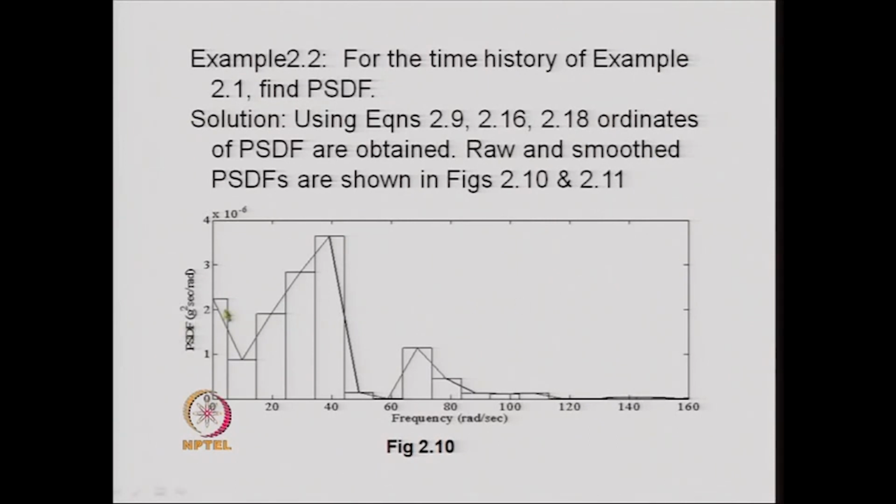Now this can be made smooth by some smoothing technique, but if I add up all these histograms, the area would be equal to the mean square value.